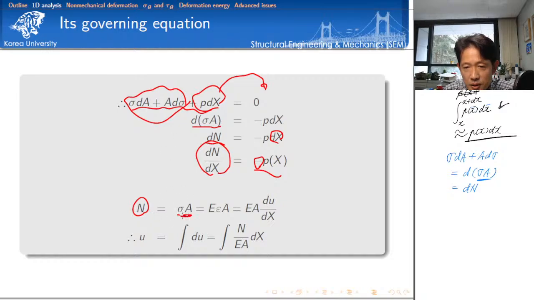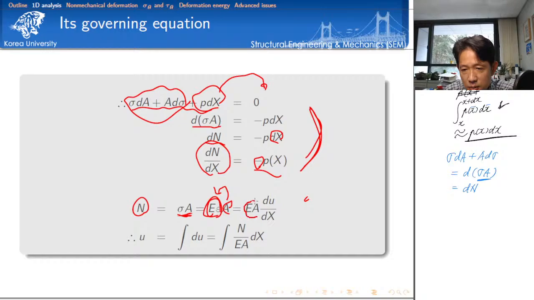And then further, the internal force is what? Normal stress times the cross-section area. The stress becomes, because of the material law, the elastic modulus times the strain. Up to here we used the force equilibrium. Now we want to use the constitutive law, the material law. Let's move the area to the position just after the elastic modulus.